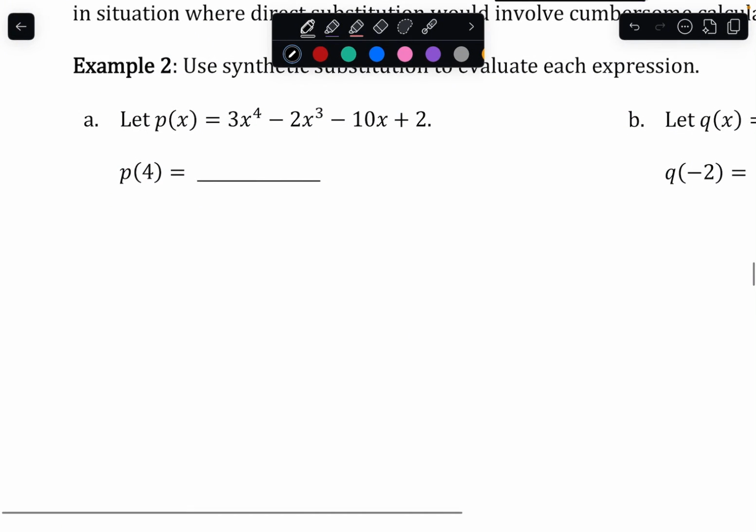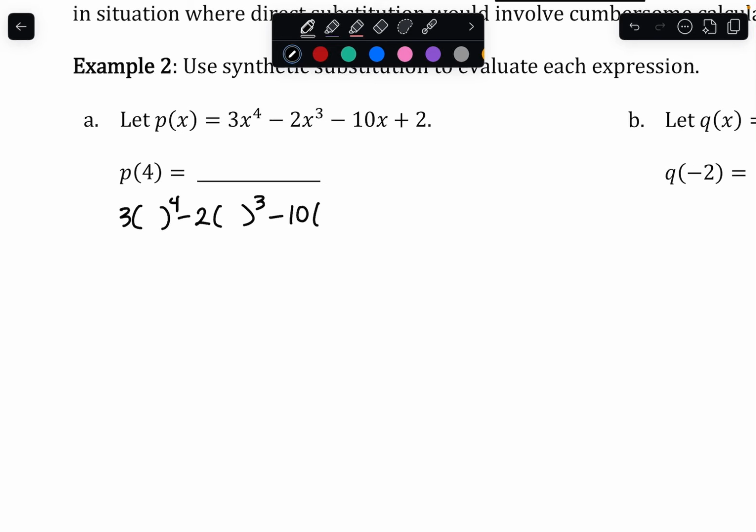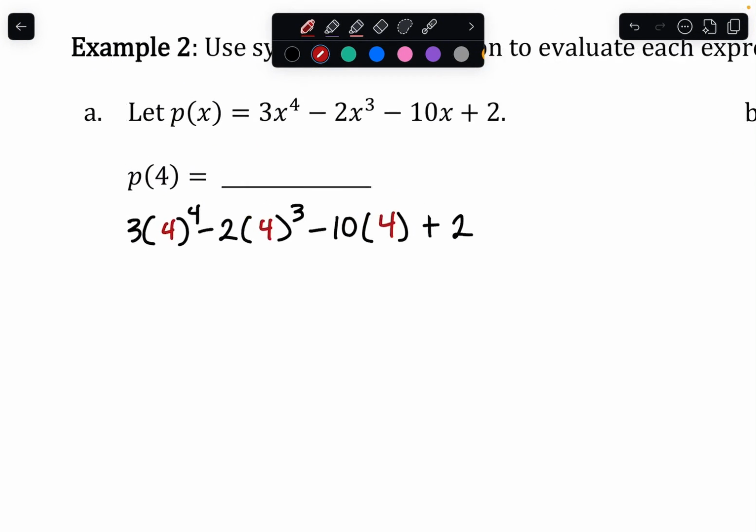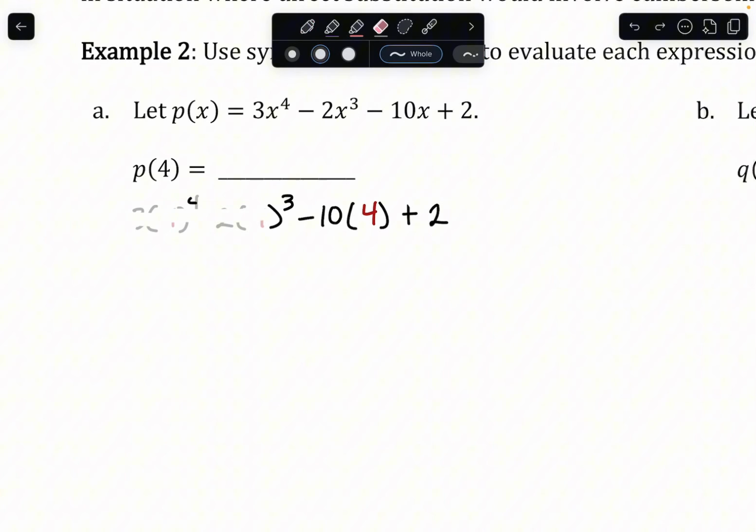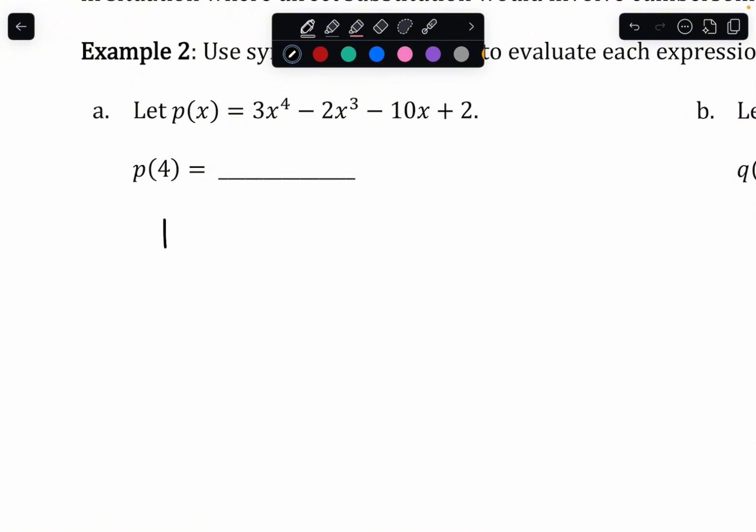Usually we would have to replace all the x's in that original polynomial with 4 to figure out what p of 4 is. So we would have to figure out 4 to the 4th power times 3 and compute all this mentally, whereas if we use synthetic substitution, the numbers typically stay much smaller.